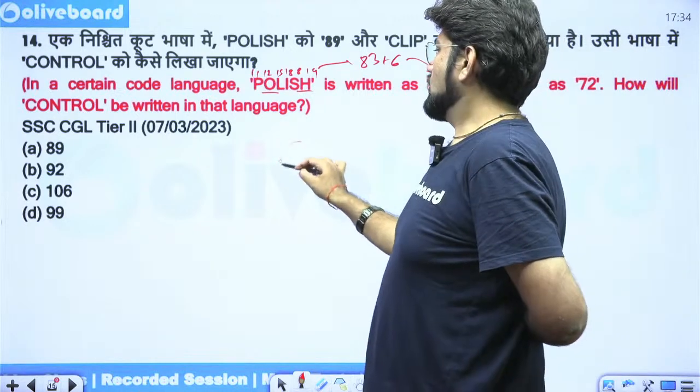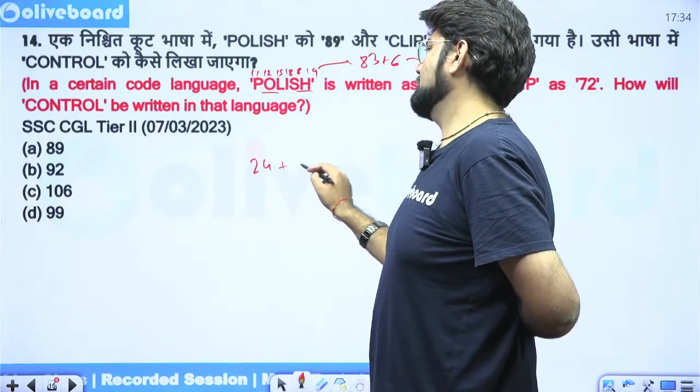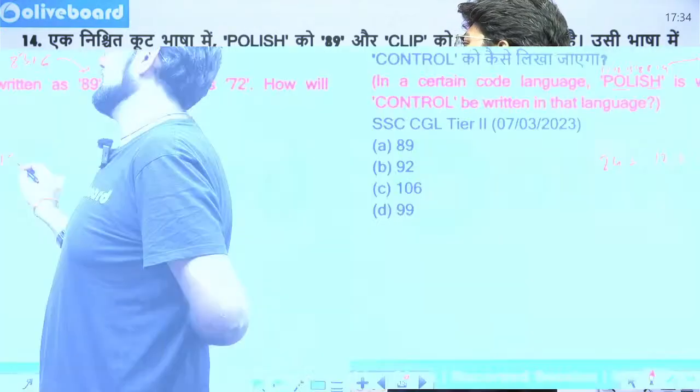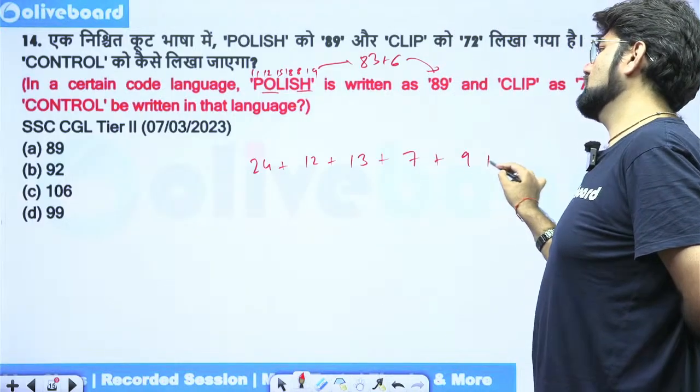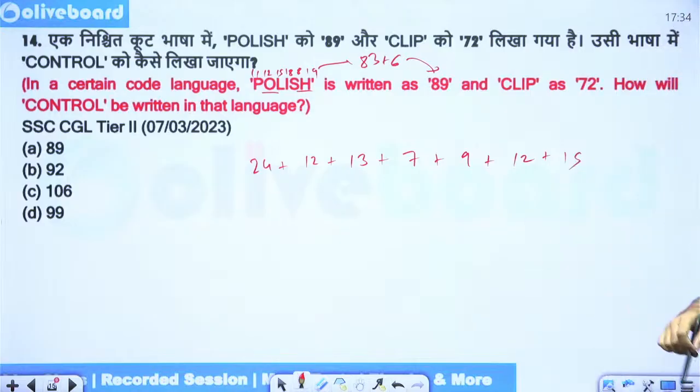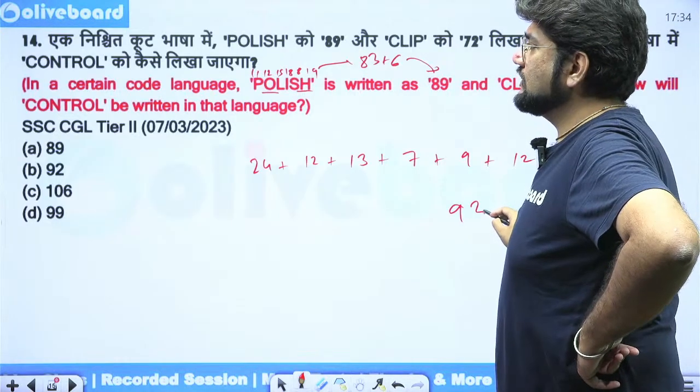So what is the code for control? Well, 30, 5, 20. 5 and 20. Plus 3.